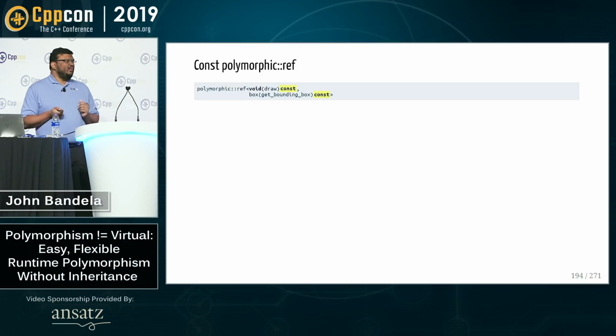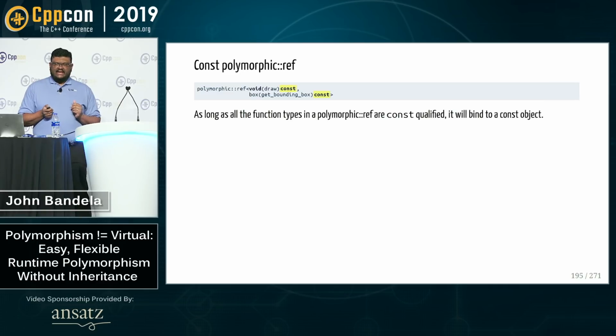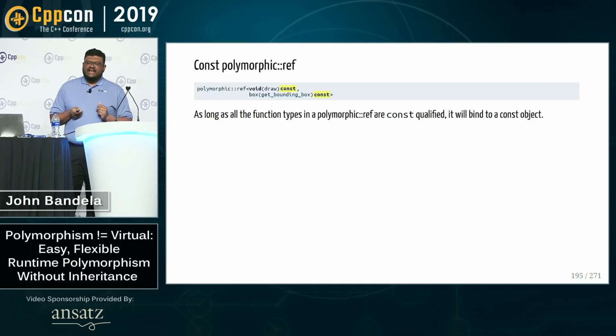Well, it turns out we don't, because of this. As long as all the function types in a polymorphic ref are const, there's no way we can change that. So we can bind to a const type. We can bind to a const value, and we can store that as a constant void star inside.